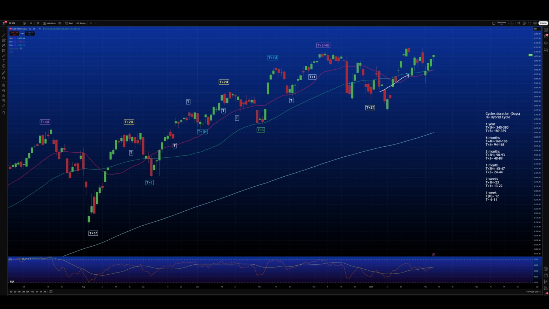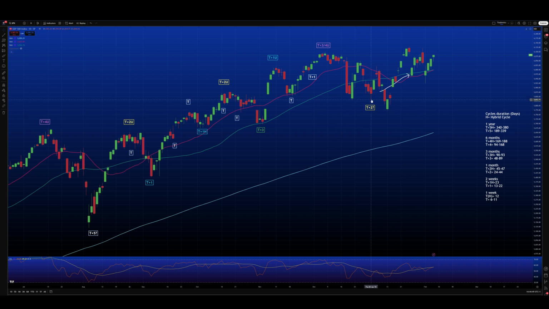For the Standard and Poor's, we have a similar situation. I keep saying since several months that the Standard and Poor's is stronger compared to Nasdaq, and actually this top here that was made on the 24th of January 2025 is higher compared to this top. So here we have a stronger uptrend.